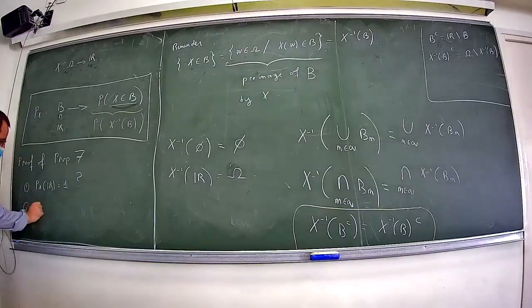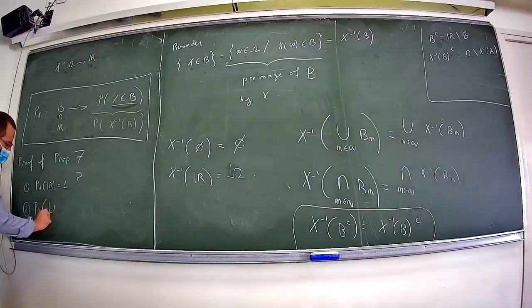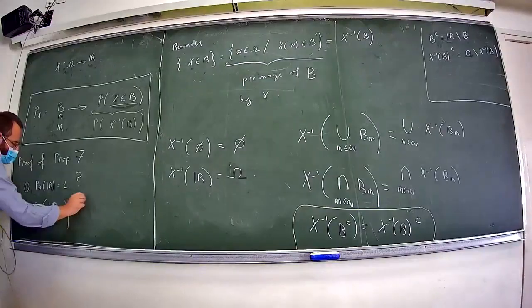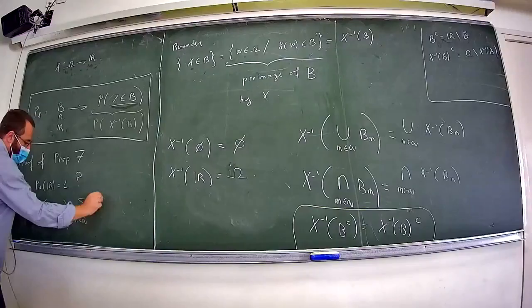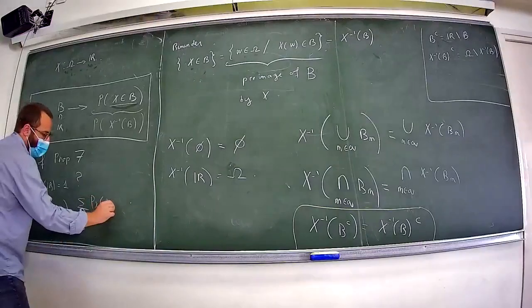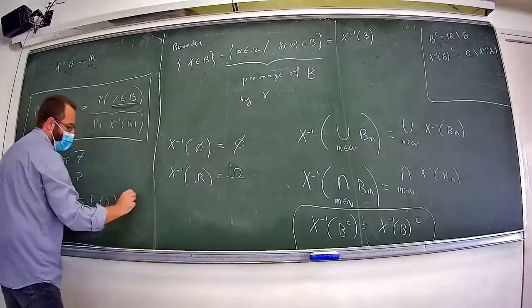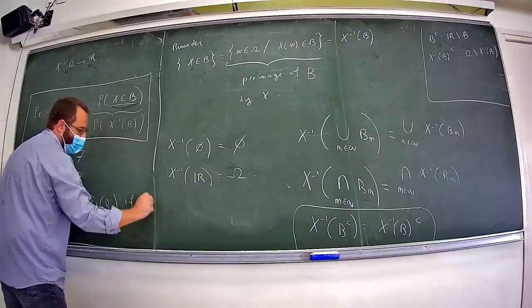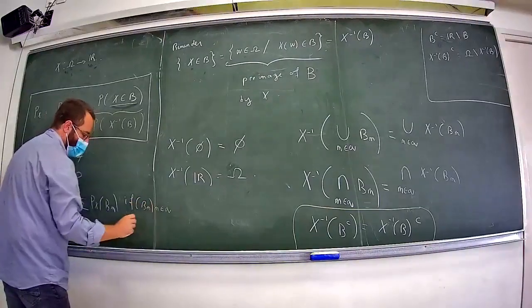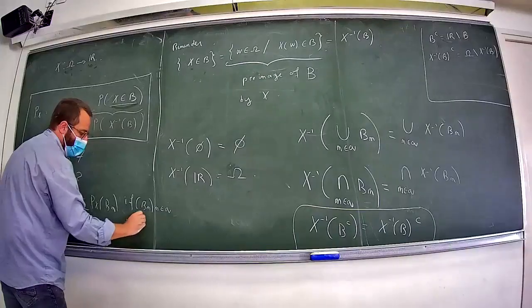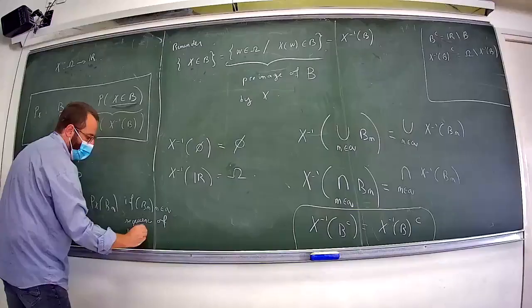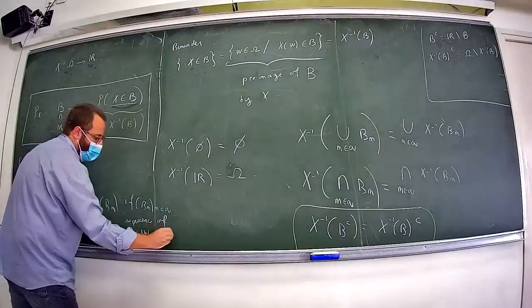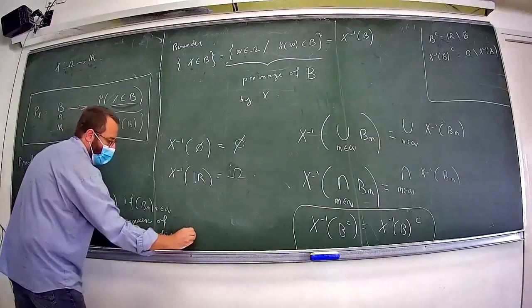So, Px of the union of the Bn is equal to the sum of Px of Bn, if Bn is a sequence of pairwise disjoint sets.